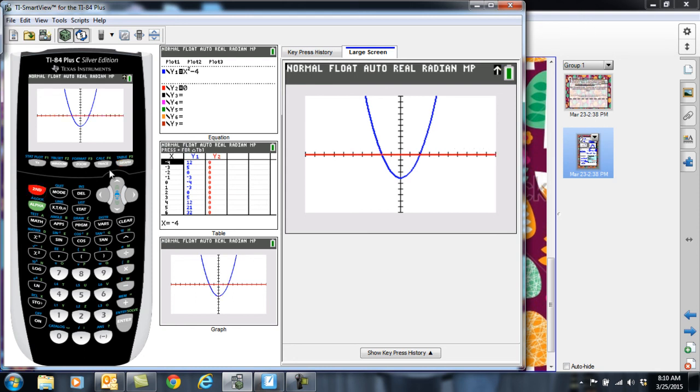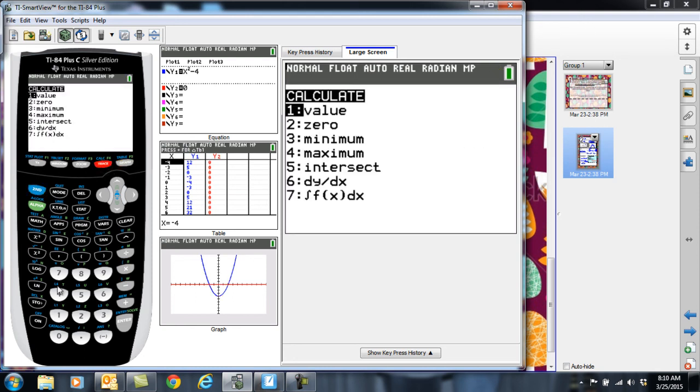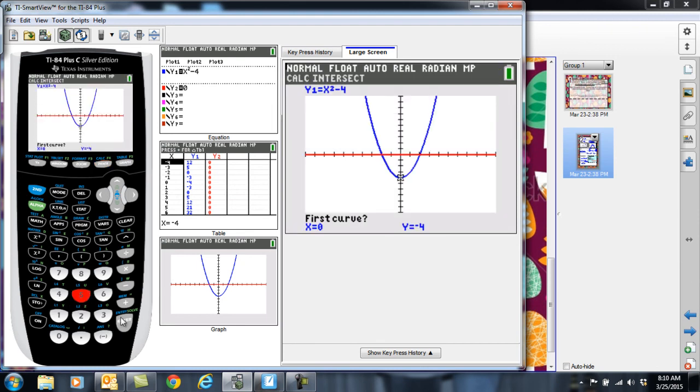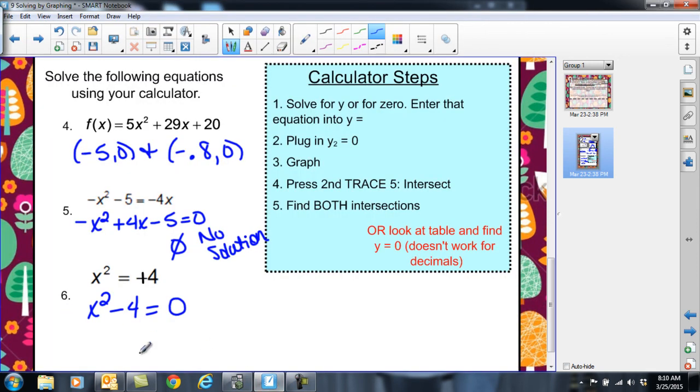So we'll do it again. We're going to hit second trace. We want the intersection. We're going to hit enter twice, 1, 2. And then we want to move our cursor over to the one on the left and hit enter again, and we get that the first one is at -2. So my first solution is at -2, 0. Then we're going to do it again.